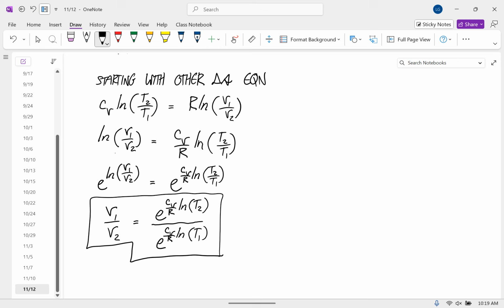So again, what we have here is the ratio of volumes expressed as a function of temperature.